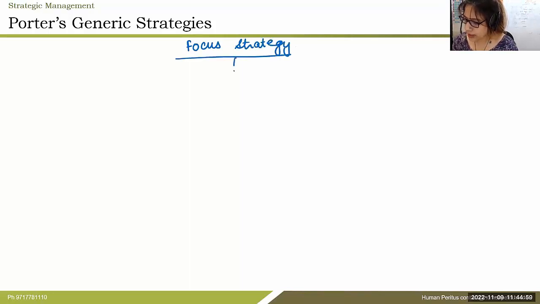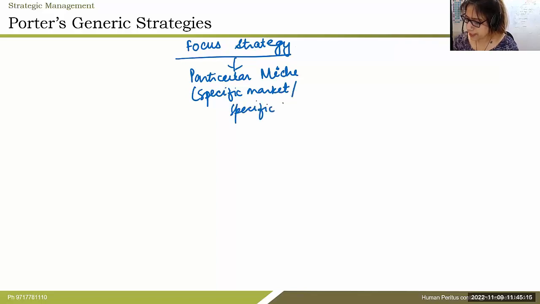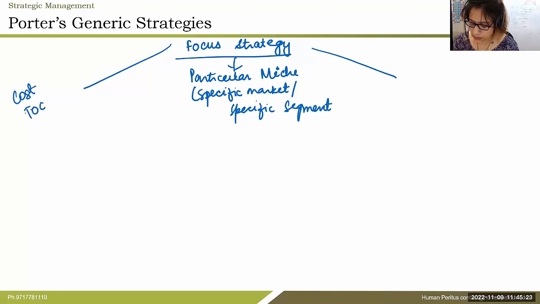Focus strategy means that we are looking for a particular niche, which we call a specific market or a specific segment. Here in the focus strategy, we have a cost focus and a differentiation focus.